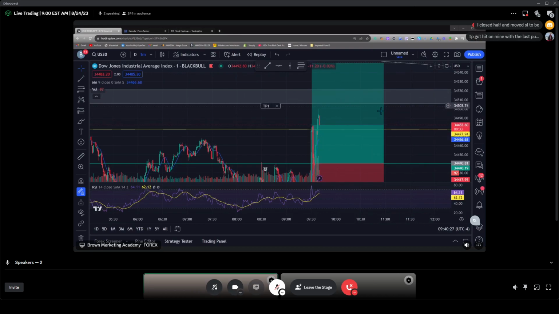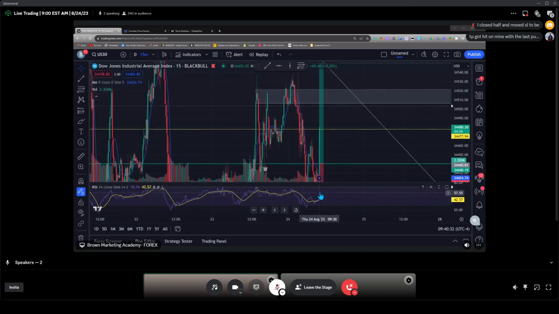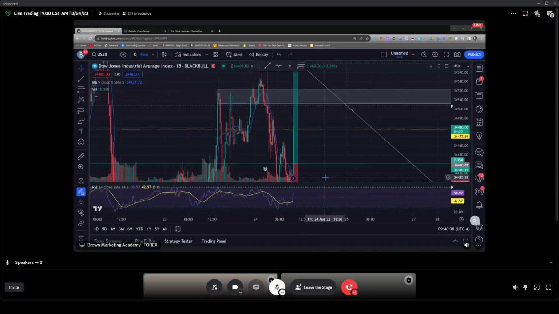So as I said, sorry, I forgot to check the alert on the 15-minute chart. I thought it got hit. One thing you always want to keep in mind when you're looking at the RSI on the 15-minute chart: when the yellow line, which is the MA, is far apart from this purple line, that means there's heavy bullish pressure.